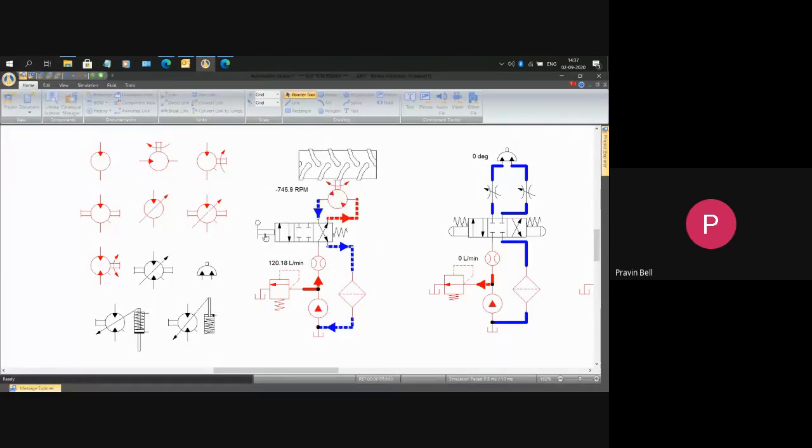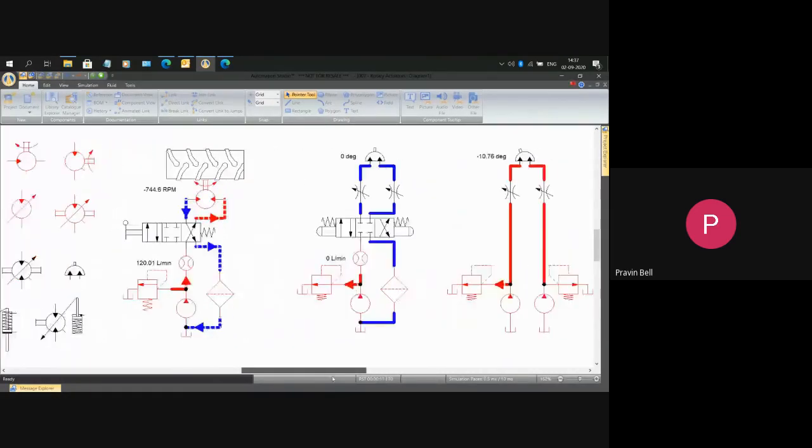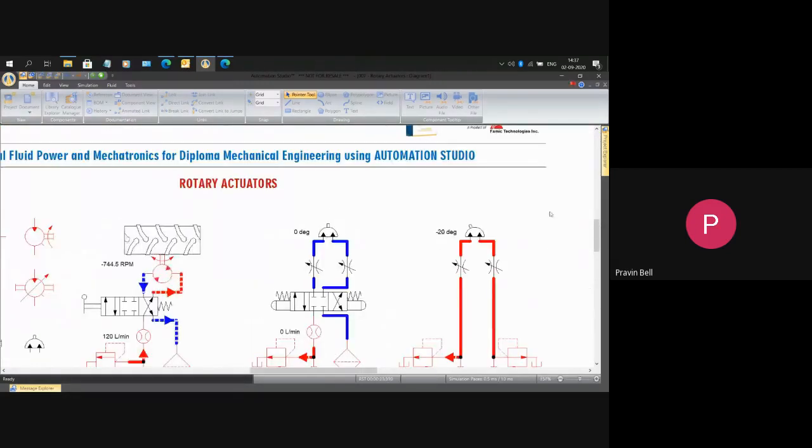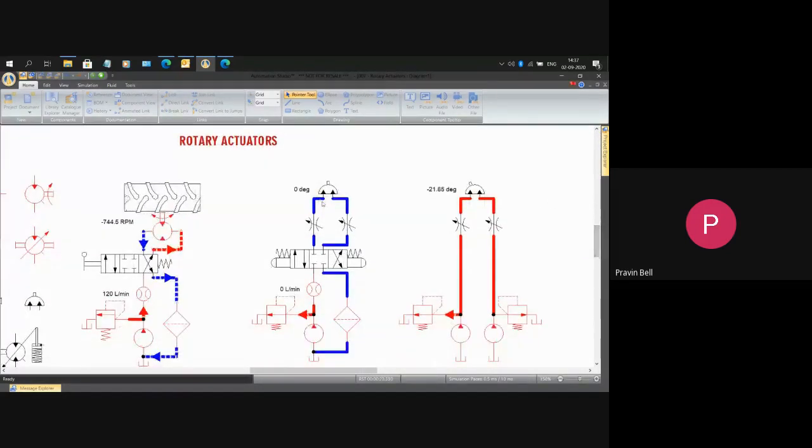So this is at a particular RPM. Also, if you see a rotary actuator which is not a free rotating actuator, but has a degree inclination, with this type of rotary actuator, you can also perform a circuit like this.